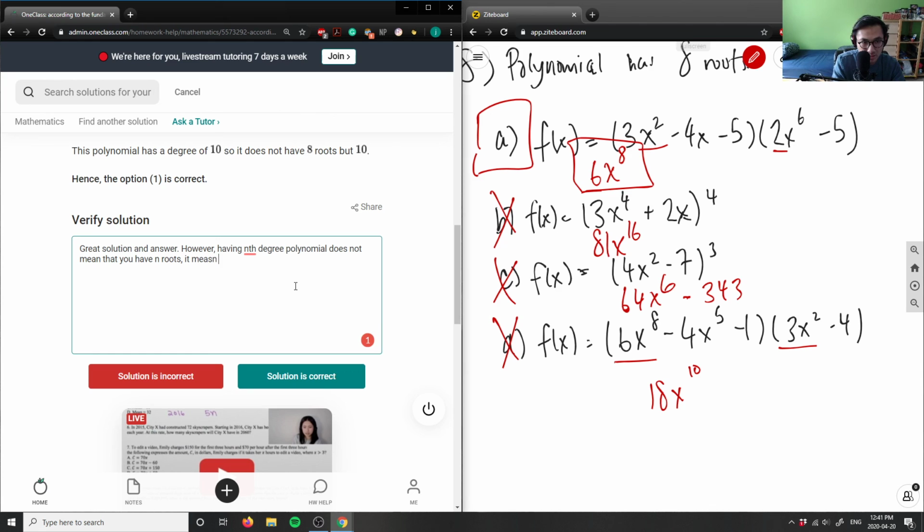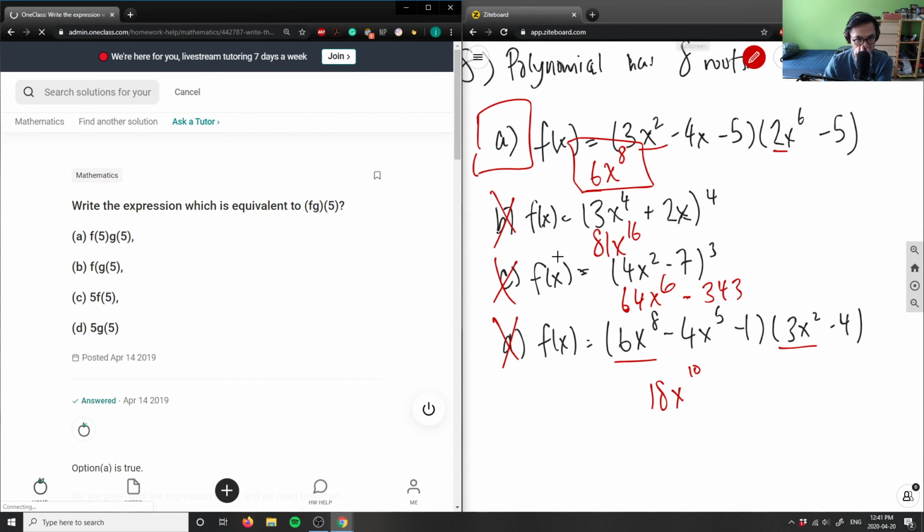It means that you can have up to n roots, basically from 0 to n roots. Also imaginary roots, or I can say complex roots, which we do not account for. Okay, sweet. So the solution here is correct. That was question 8, which is great.